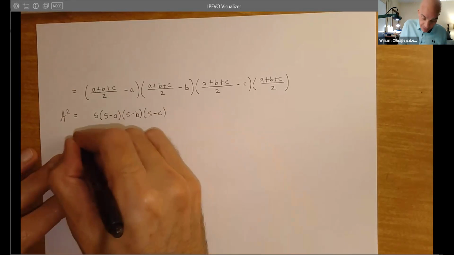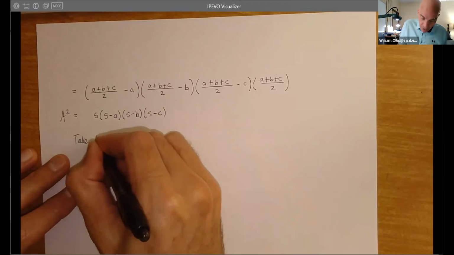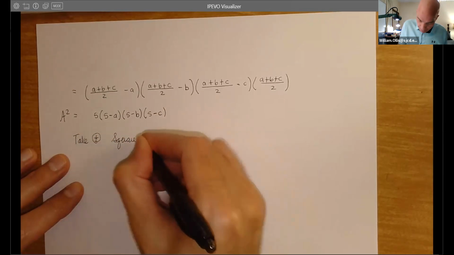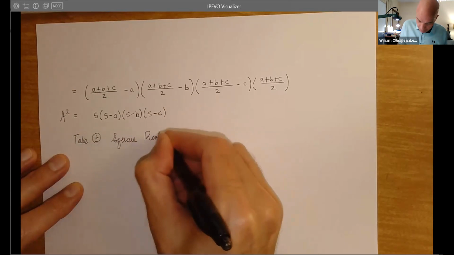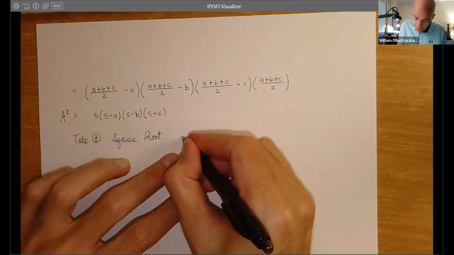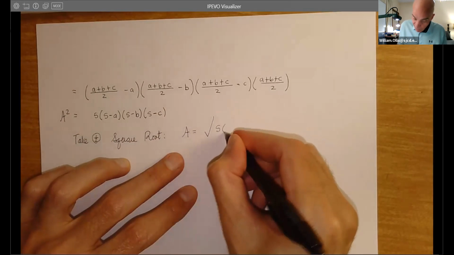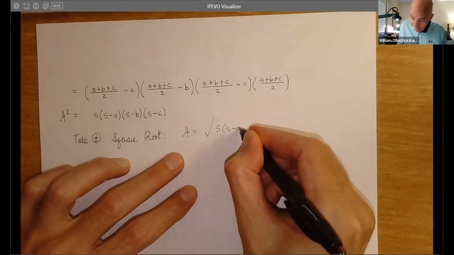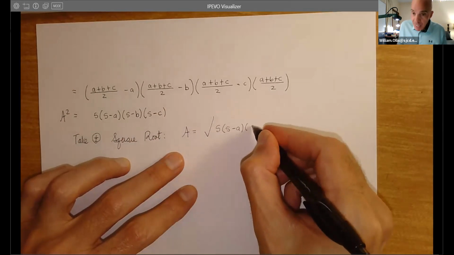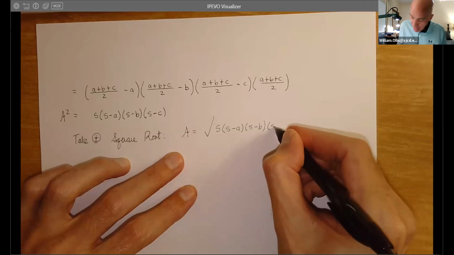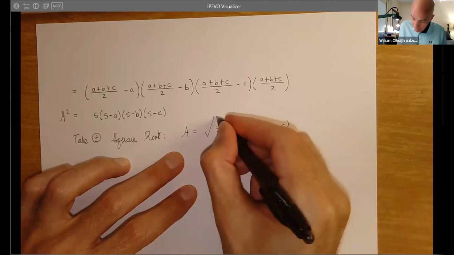So now take the positive square root. So this gives us A is the principal square root of S times S minus A times S minus B times S minus C.